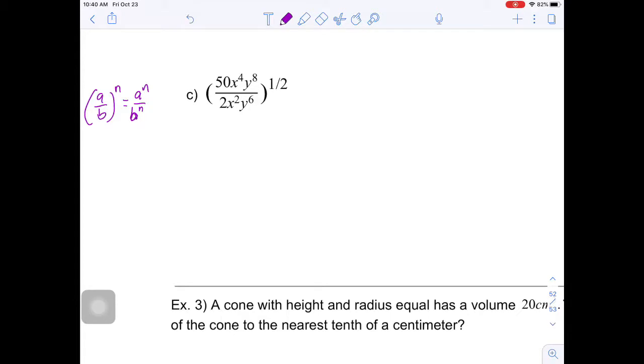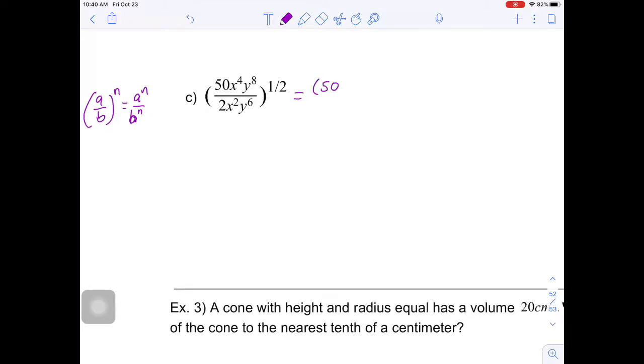So that's what I'm going to do here. Let's go 50 x to the power of 4, y to the power of 8, to the power of 1 over 2, over 2x squared y to the power of 6 to the power of 1 over 2.